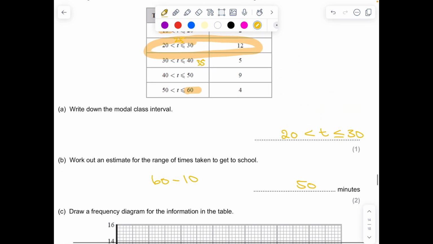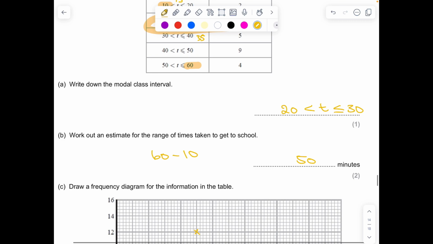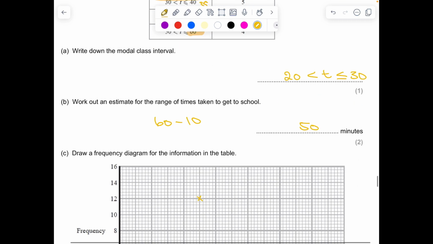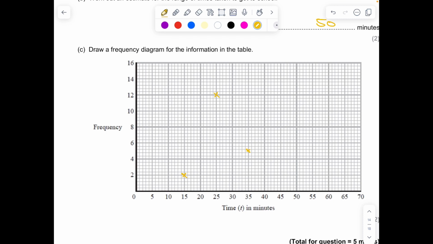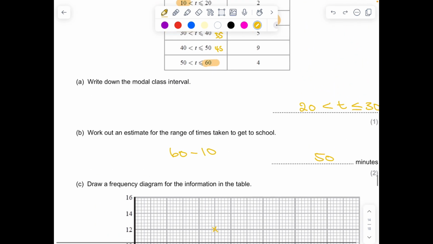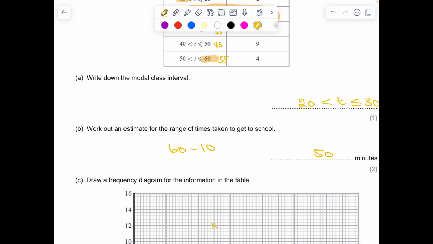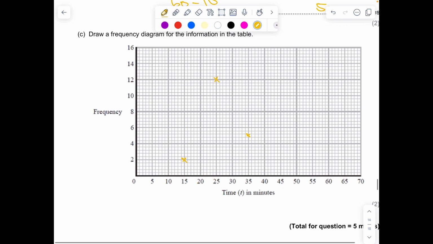Next, 45 is the middle of 40 and 50, so 45, 9. So 45, 9 is smack bang in the middle here. The next one is 55, 4. So we go 55, 4, and then we simply get our ruler and draw a straight line between the points.